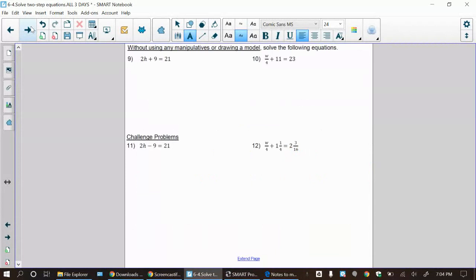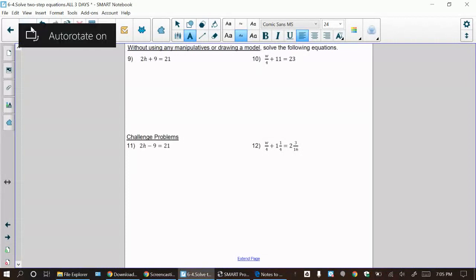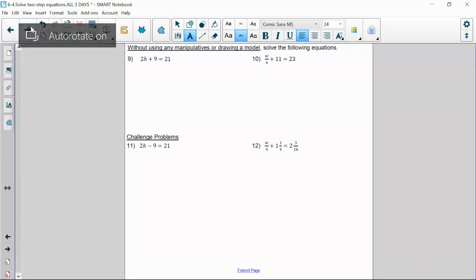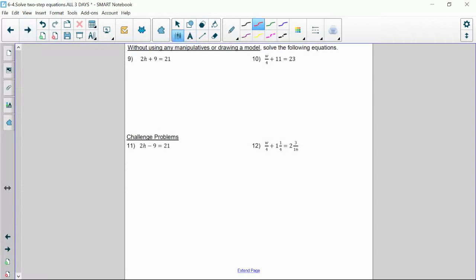Now, are we always going to be able to do this only modeling? No. Eventually, we're going to have fractions and harder numbers. So that's where you need to make sure that you are doing what you need to do for all of it. Okay?